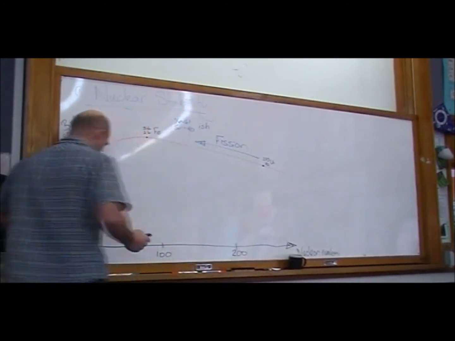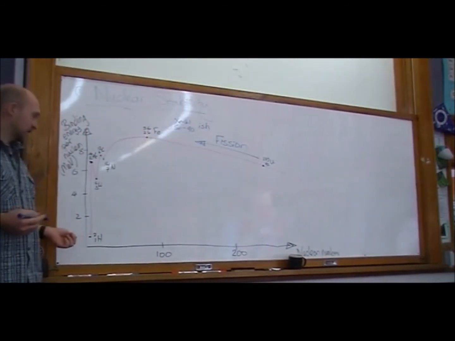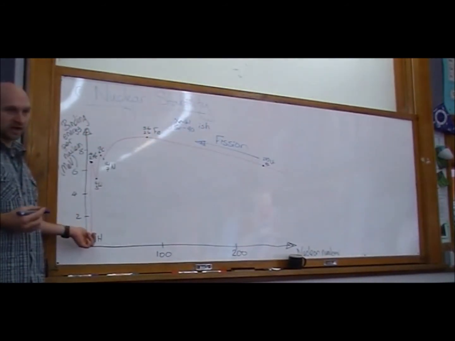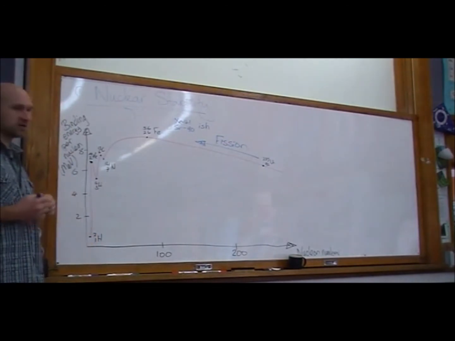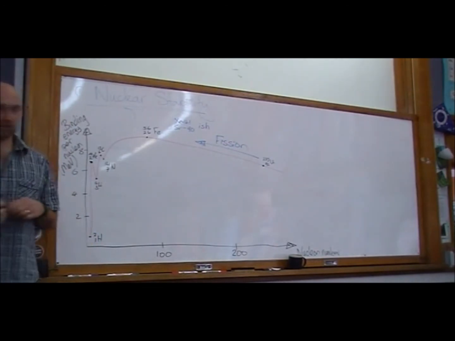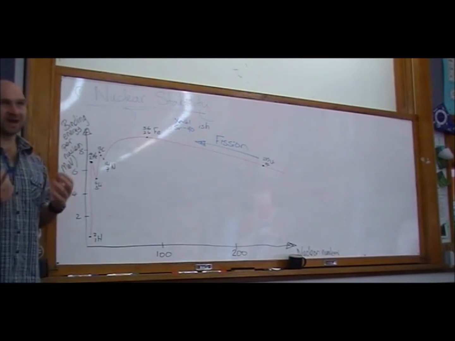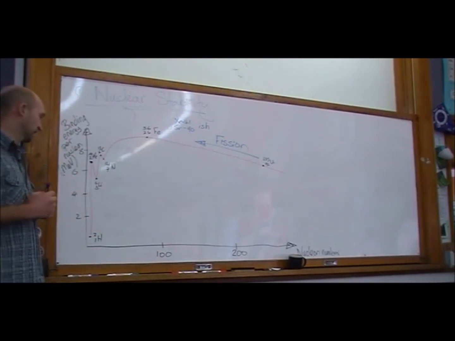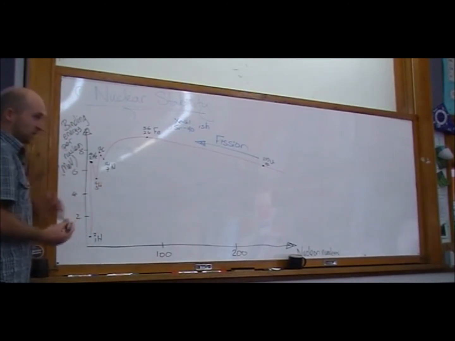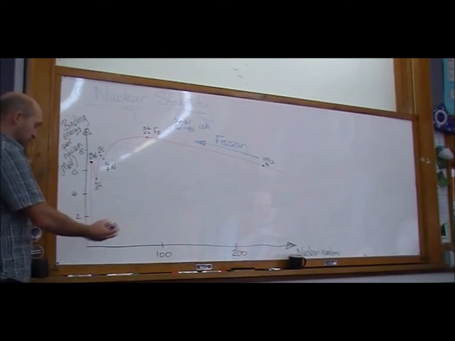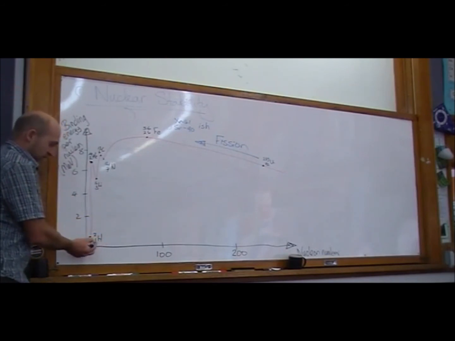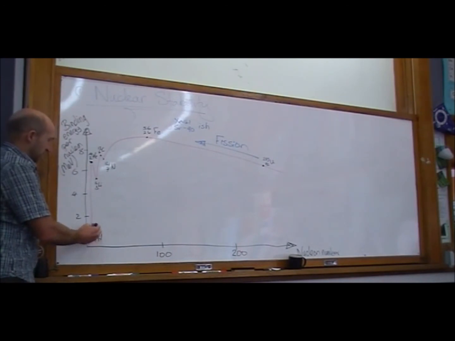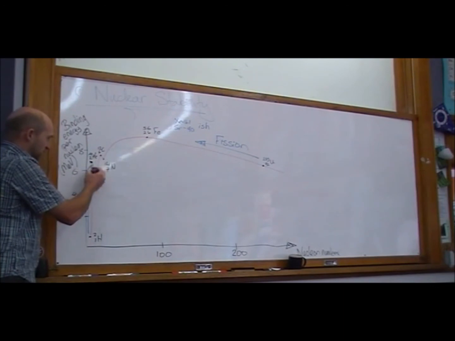Fusion, on the other hand, is when we take really small nuclei and smash them together. Normally when we're talking about trying to make fusion happen to generate energy, or a fusion bomb, we're talking about taking isotopes of hydrogen, heavy hydrogen, like hydrogen-2,1, and turning them into helium.